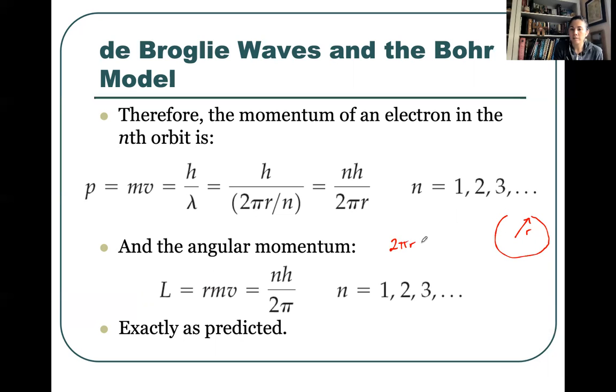And we're saying, essentially, that we're going to fit some n number of wavelengths on our orbit. Okay, so if we do that, then you can see that we can simplify. We get a momentum, which is nh over 2 pi r, where n is 1, 2, 3, it gives you the orbit that you're looking at.